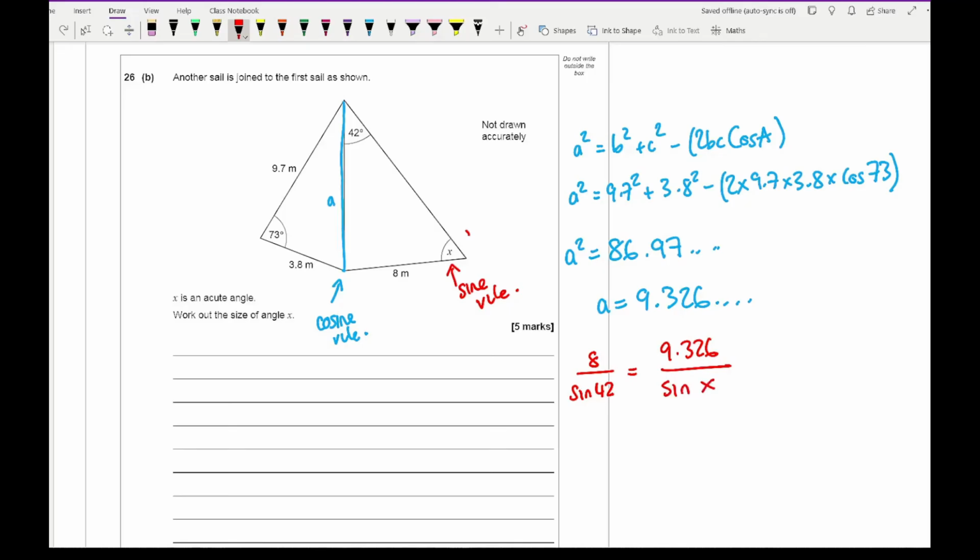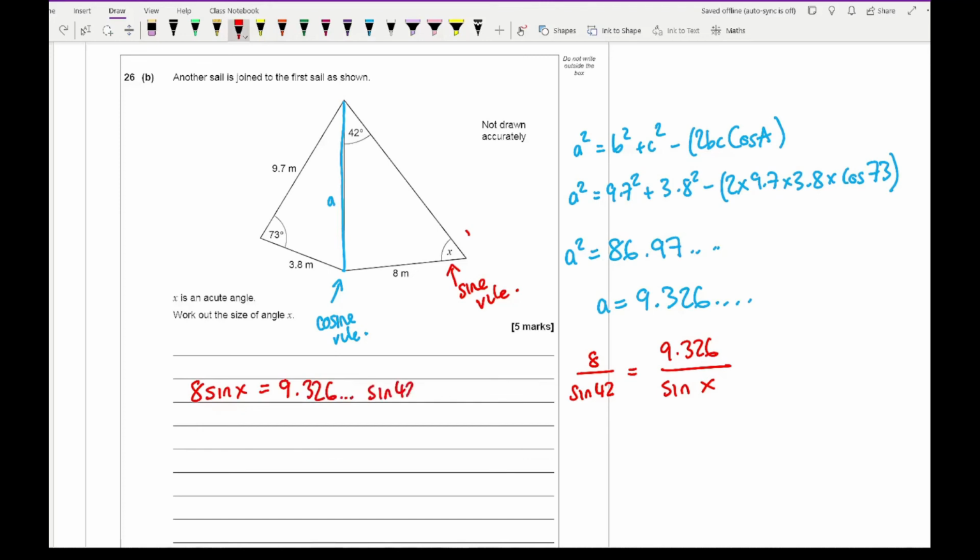Now again, to work this out, all I need to do is some cross multiplying. So I've got 8 sine x equals 9.326 sine 42, and if you've added some decimals, that's fine.